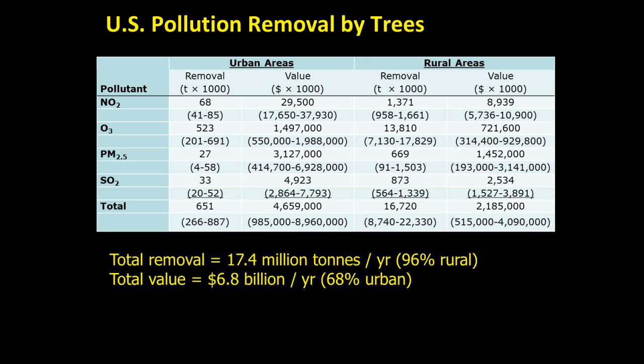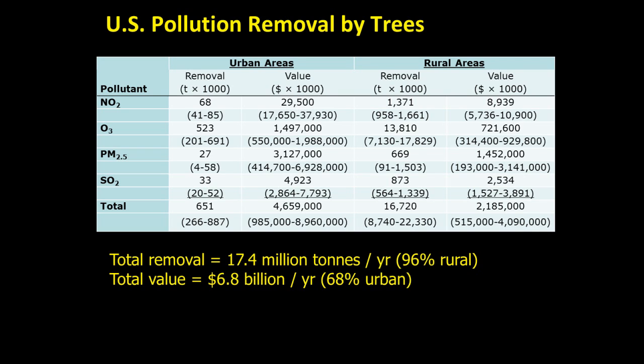The trees in the United States remove about 17 million tons of pollution per year, and only about 650,000 of those 17.4 million tons is actually absorbed by trees in urban areas. So it's a fairly small amount, and a fairly small impact on concentration changes. Trees in cities typically improve air quality less than 1% on average throughout the year.